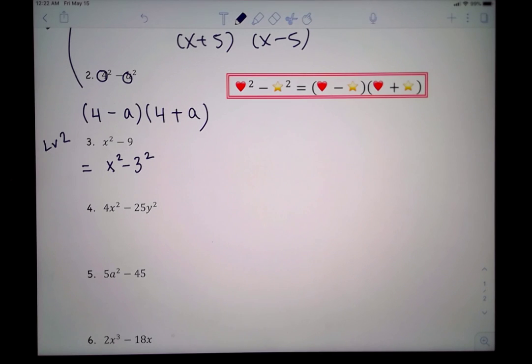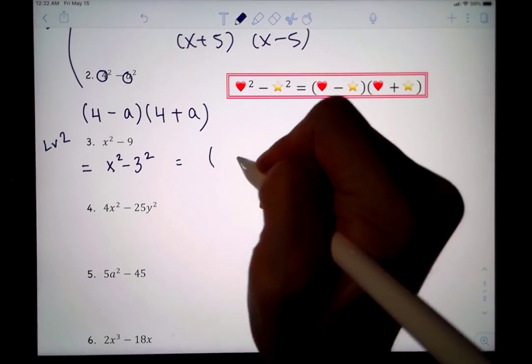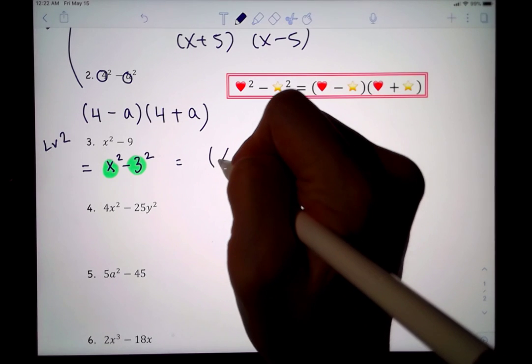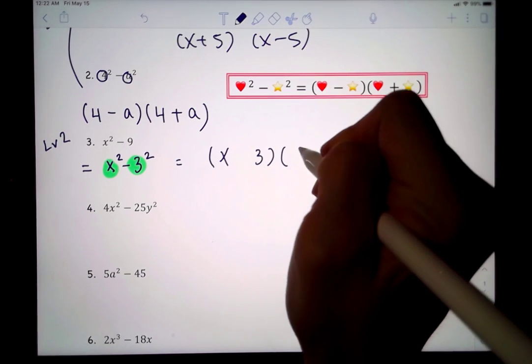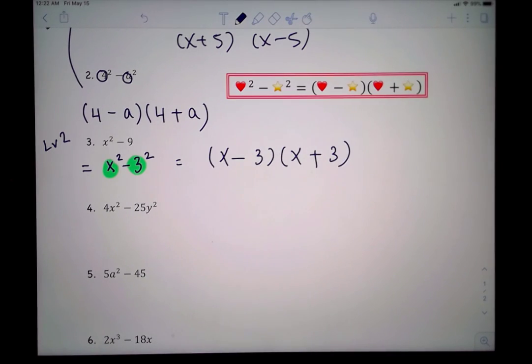When you look at the number, you can change it. Oh, 9, I know that, that's 3 squared. Now you got x and 3, right? So you can do x 3, x 3, minus plus like that. So all you need to do is make the form something squared.